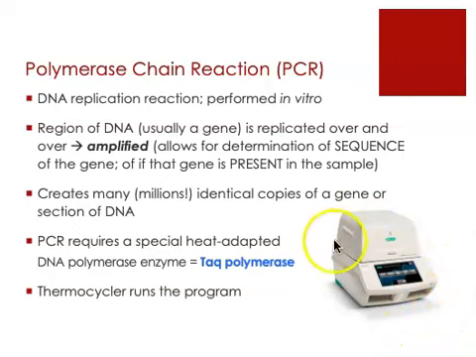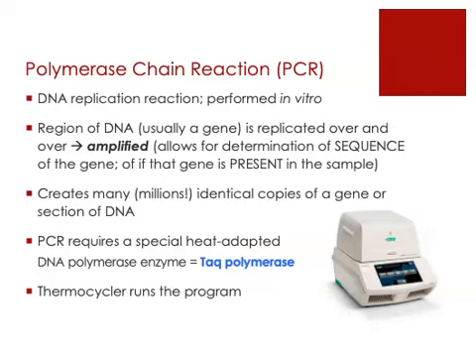This is an image of a PCR machine. It's about as big as a large toaster oven or a small microwave. PCR is such a common technique now in so many different types of labs, both research labs and clinical laboratories, that you see thermocyclers all over the place.